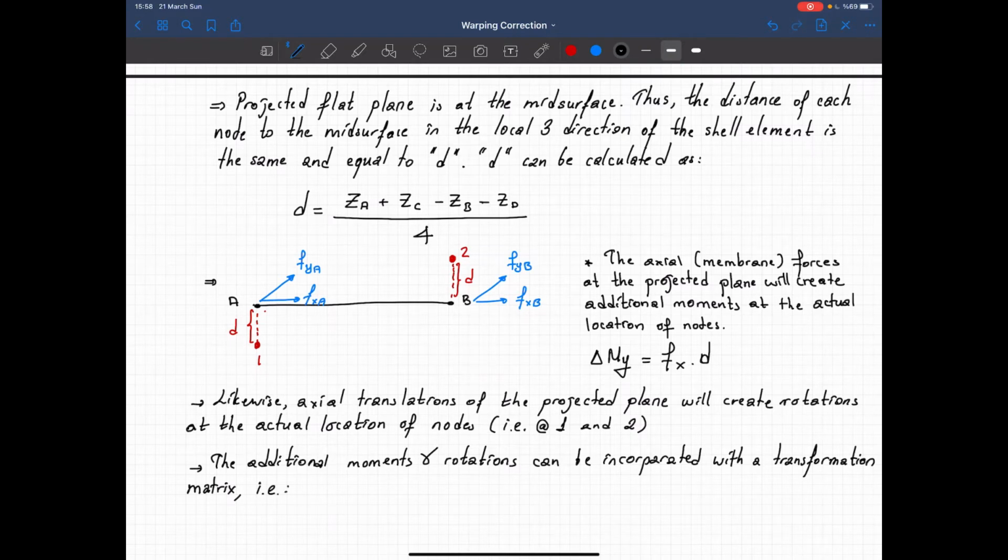So if you think about it, what we are doing here is nothing different than the axis transformation for a frame element. Okay, now I will put that example video also online. So this is a different version of it. Instead of having 2 nodes like in the frame element, here we have 4 nodes.